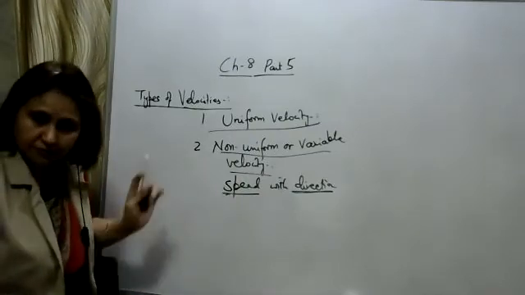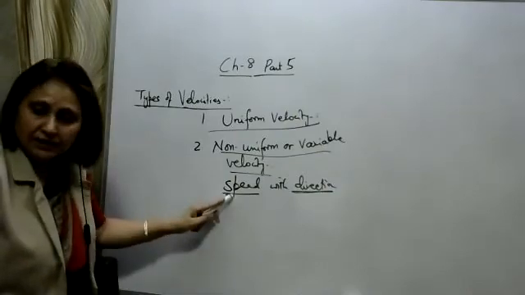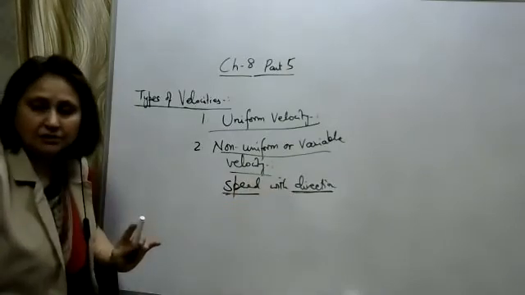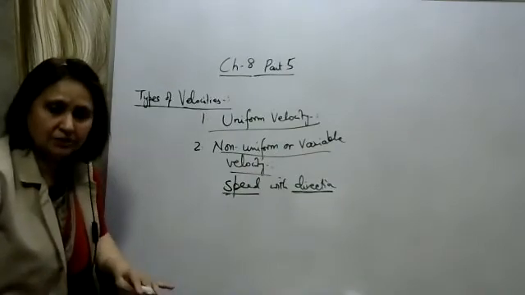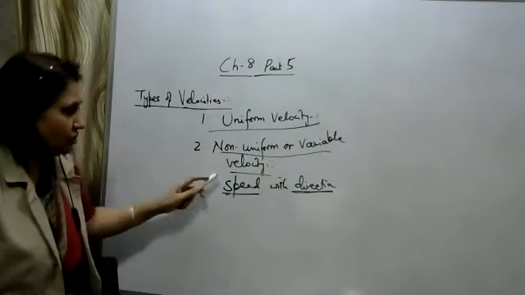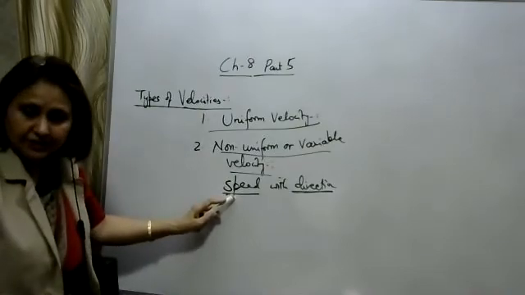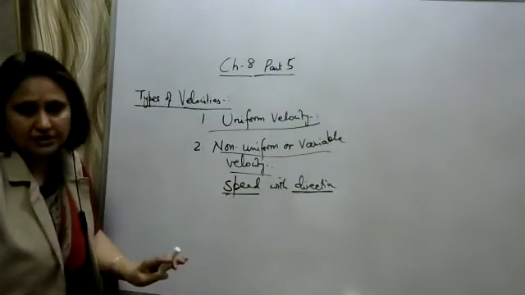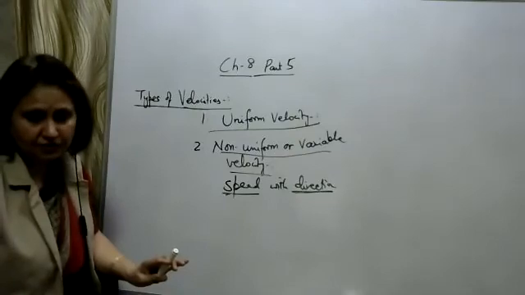Speed and direction both changing, then also the velocity will be non-uniform. So an object is said to have non-uniform velocity when either speed changes or direction changes or both change, then the velocity will not be constant.